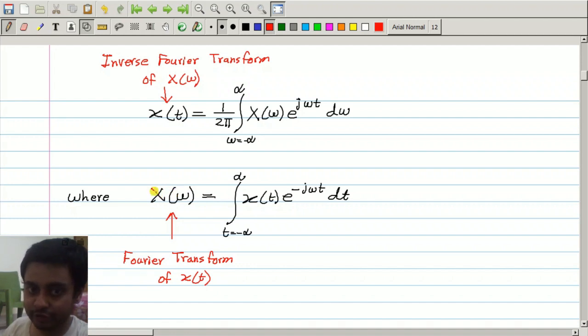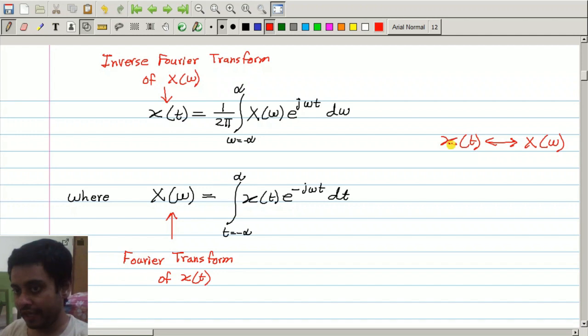And if capital X omega is given, then using this other formula you can calculate small xt. So that means knowing one is equivalent to knowing the other, and these two are called a Fourier transform pair, small xt and capital X omega. Note that capital X is a function of omega, where omega has the unit of frequency radian per second, and small x is a function of t, which has a unit of time or second.